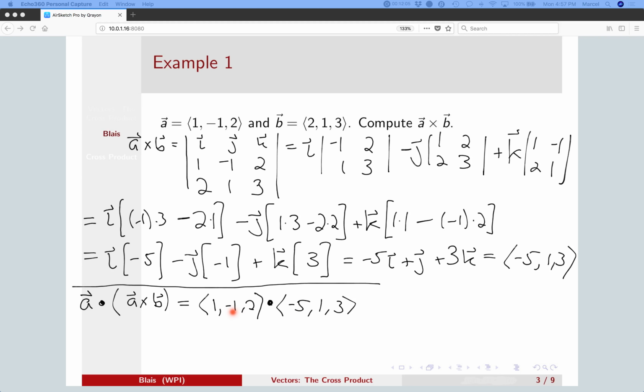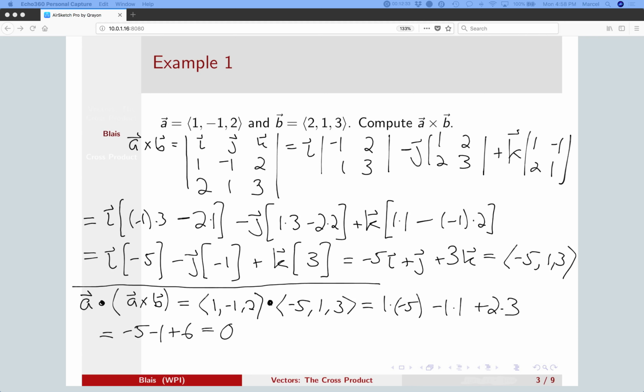Plus second component, minus 1 times second component, 1. Plus third component, 2 times third component, 3. So this is 1 times negative 5, minus 1 times 1, plus 2 times 3, or minus 5 minus 1 plus 6, which is 0.